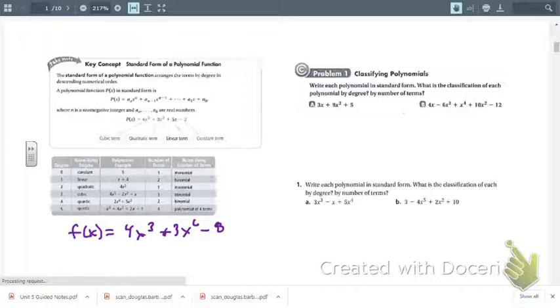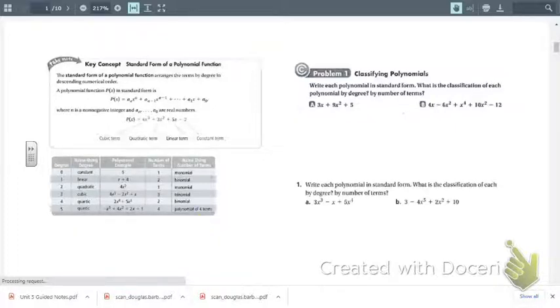This is not in standard form because notice how it goes from 3 to 6. It's not written in descending order. So we'd have to correct that and rewrite it as 3x to the sixth plus 4x cubed minus 8. It's important to put it in standard form.